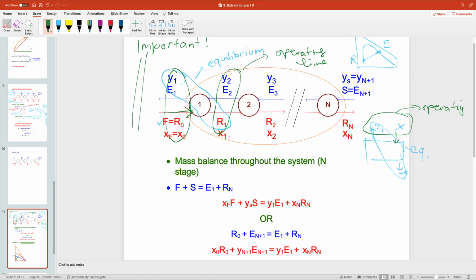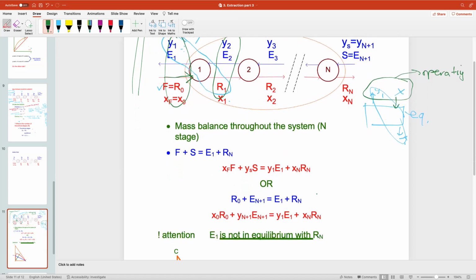That is equal to the stream leaving the envelope, E1 multiplied with Y1 plus XN multiplied with RN. This is the component mass balance, and also this is the mass balance.